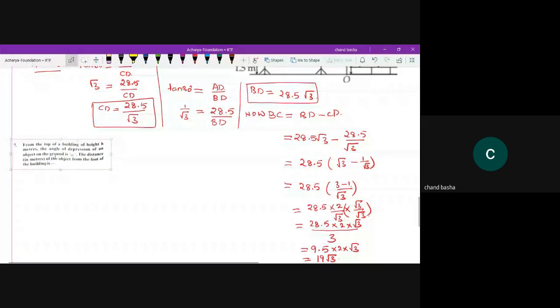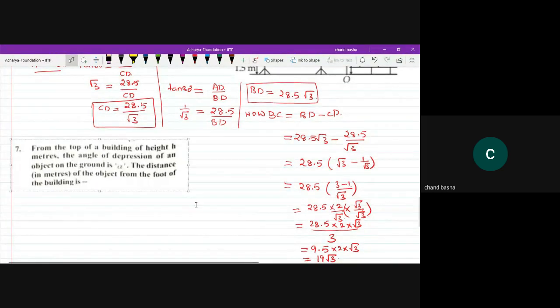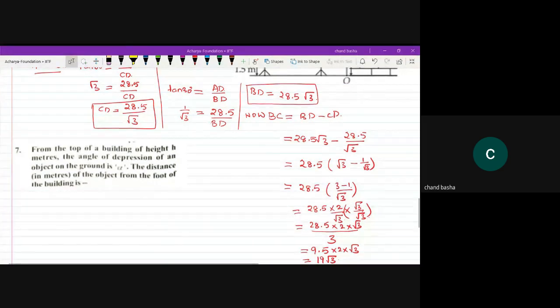Let's see the question. From the top of the building, height is h meters, the angle of depression of an object on the ground is alpha. The distance of the object from the foot of the building is. The options are given to you.